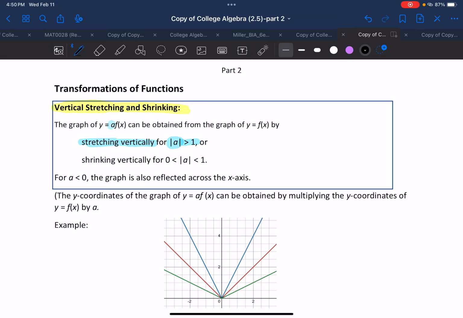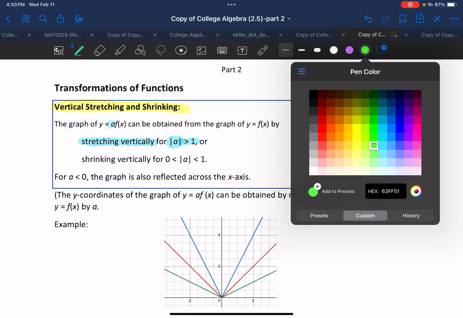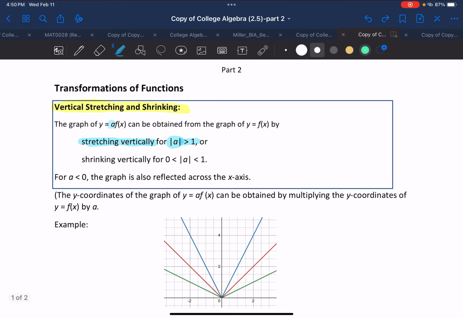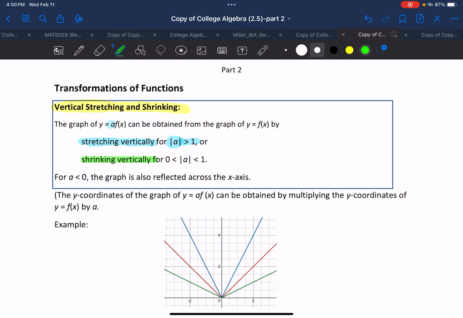Which really just means it's not a fraction. It's greater than 1. But it'll shrink it vertically if the absolute value of that constant is between 0 and 1. So that would be a fraction.